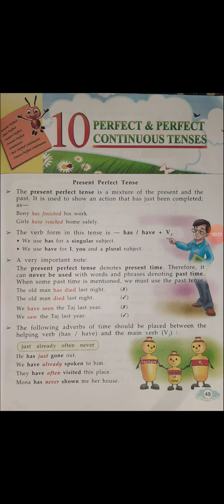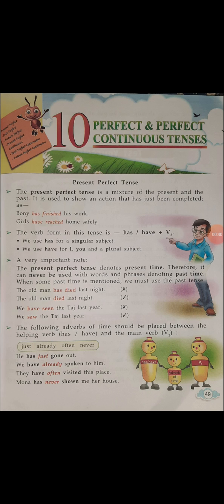Now, there are three types of tenses, right? All of you know: past tense, present tense and future tense. Past tense is what has passed, present tense is what is going on now, and future is what is yet to come, right?